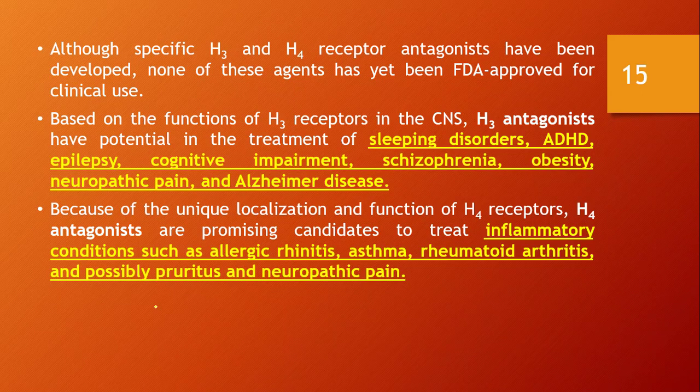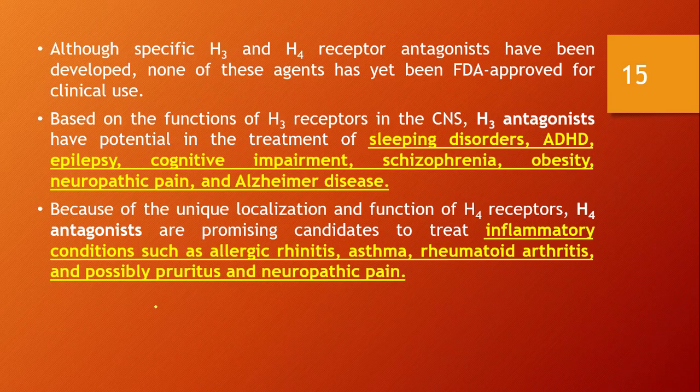Okay, so these are all probable target diseases which we can treat with the help of H3 antagonists. But one thing we have to remember, whatever H3 antagonists have been introduced, or are still in the developmental stages, none of the drugs is approved for clinical use. They are still in clinical trials.